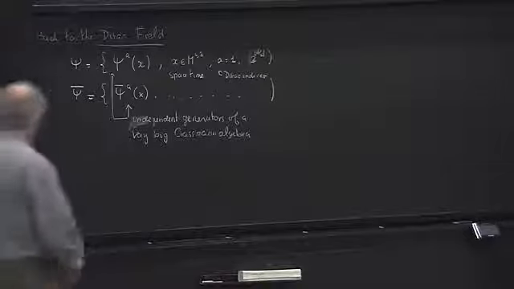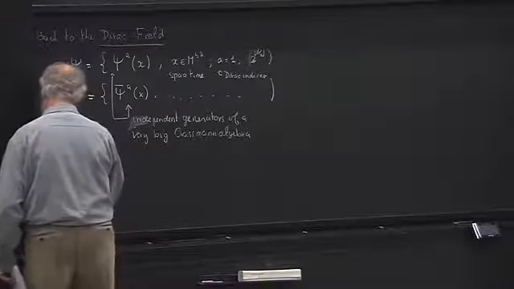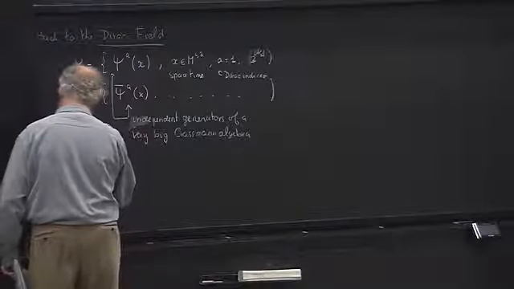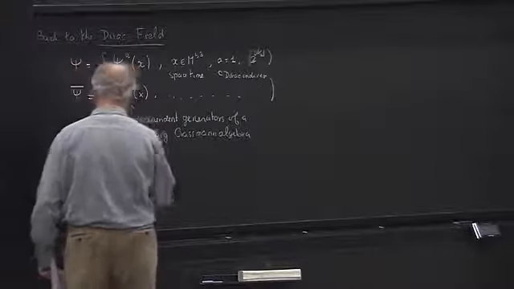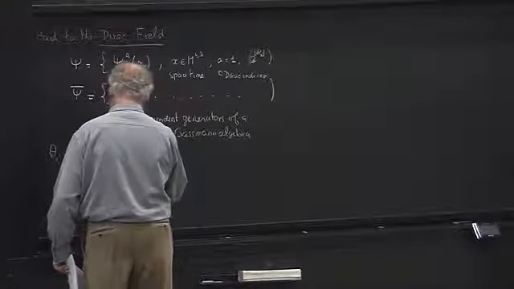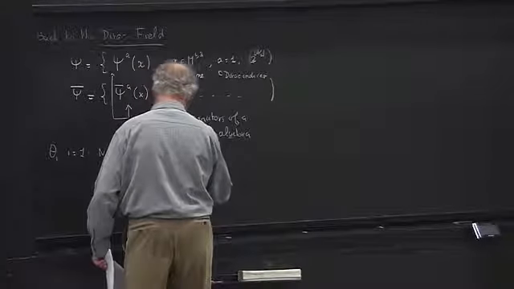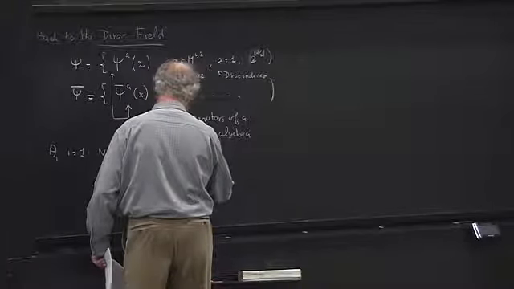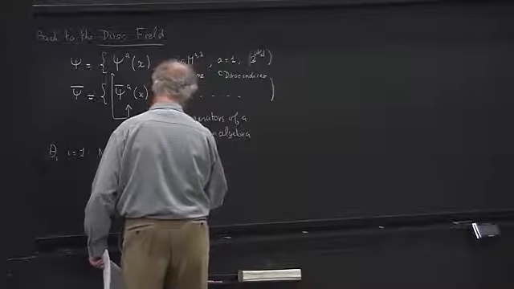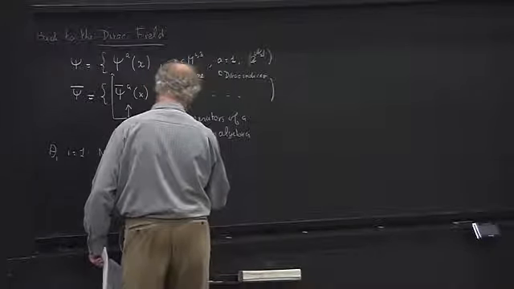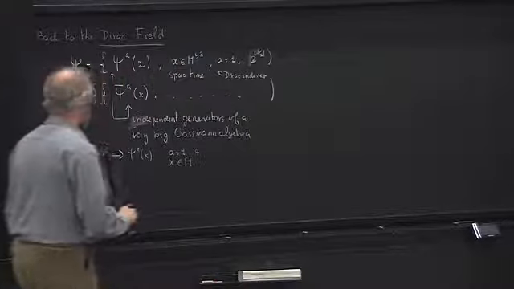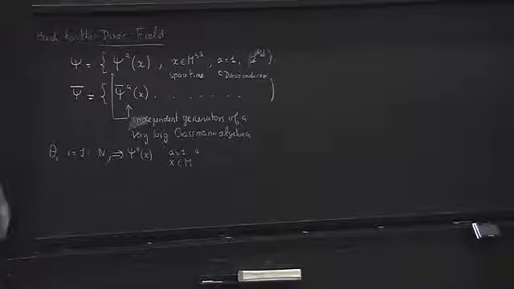So instead of theta i with i going from 1 to n, we have psi A of x with A going from 1 to 4 in our case, and x belonging to Minkowski space. So we have a big Grassmann algebra of infinite dimension.